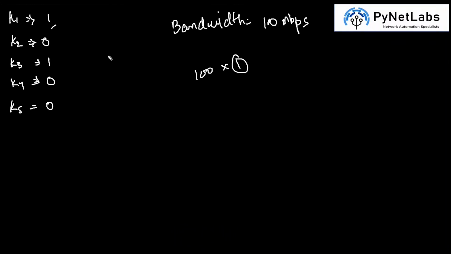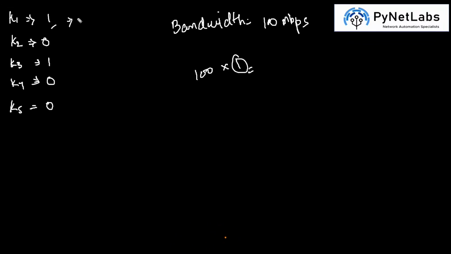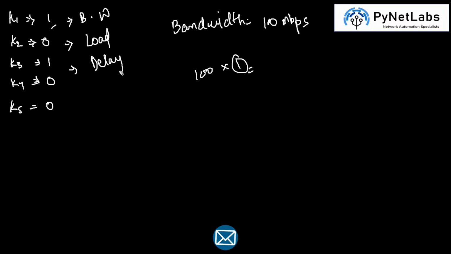So this 1 is what we are talking about. This 1 is K1, and K1 is for bandwidth. Then we have K2 for load. Then we have delay and MTU.